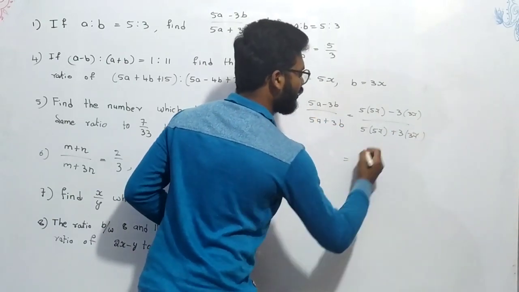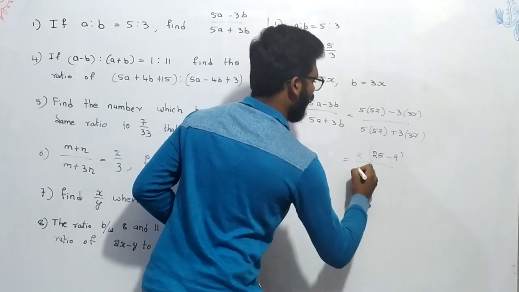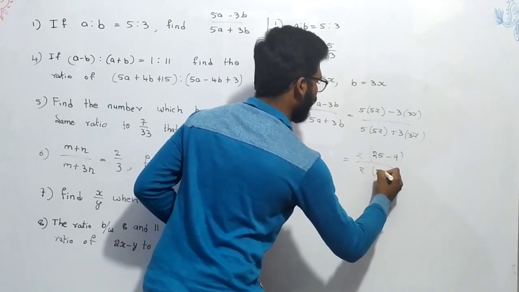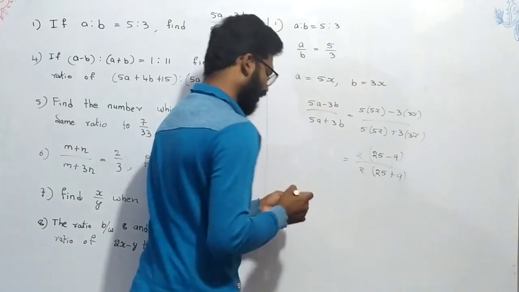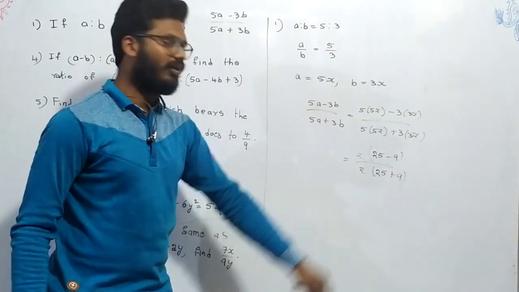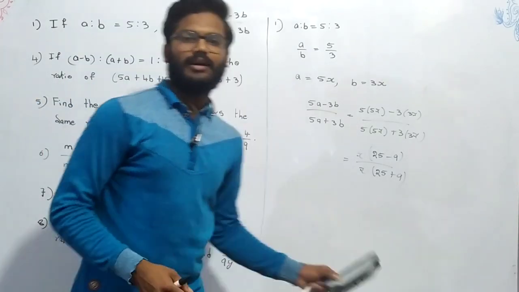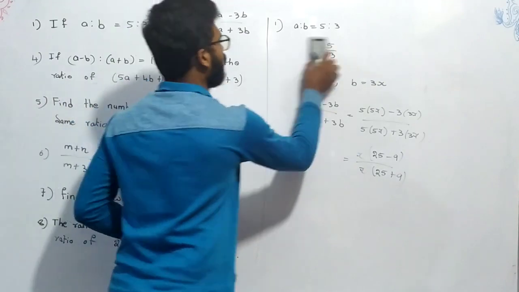So x is common in both numerator and denominator. So 25 minus 9 by 25 plus 9. Again we will get the same result: 25 minus 9 is 16, by 25 plus 9 is 34. So both methods you can use, any method. Next.